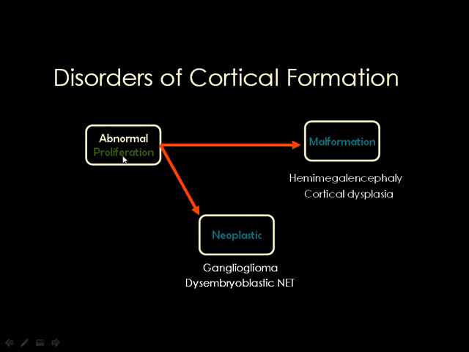Abnormal, uncontrolled proliferation will result in congenital brain tumors, represented by two entities: the ganglioglioma and the dysembryoplastic neuroepithelial tumor, or what we call the DNET.